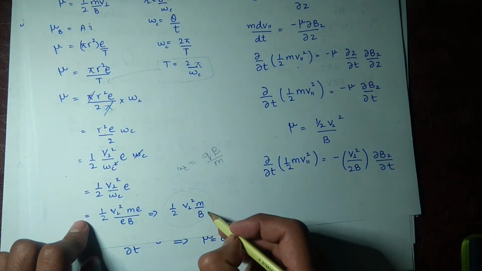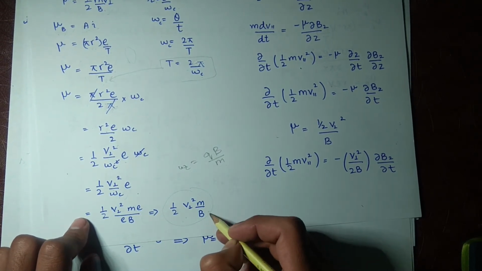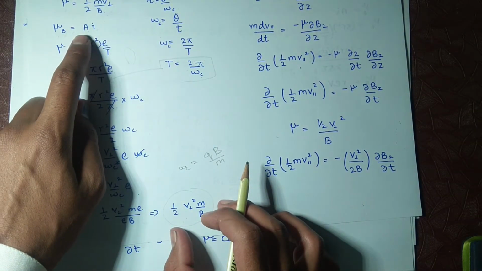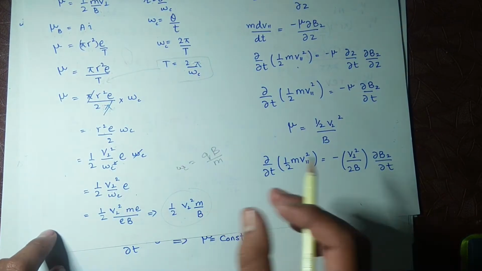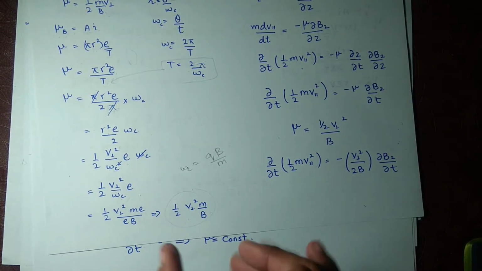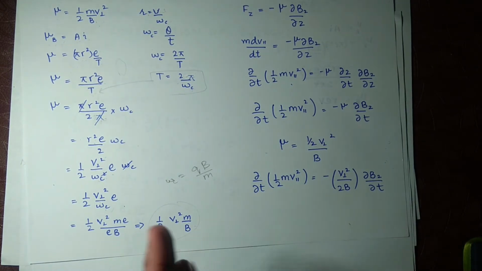So it is actually a magnetic moment. That's why we can derive this value from the definition of a magnetic dipole moment, and that's why we can say this is the magnetic moment for a gyrating particle.